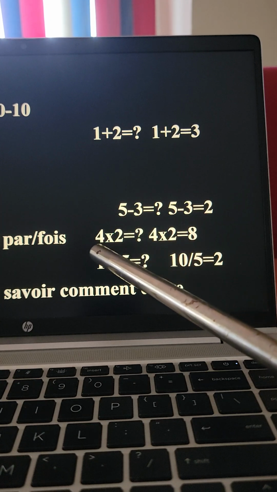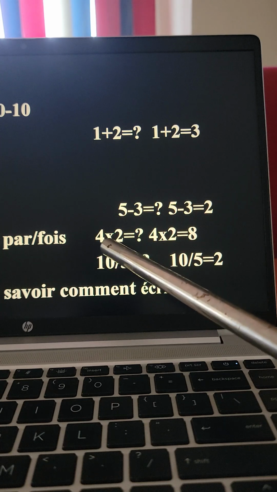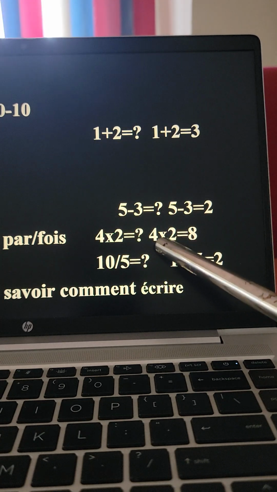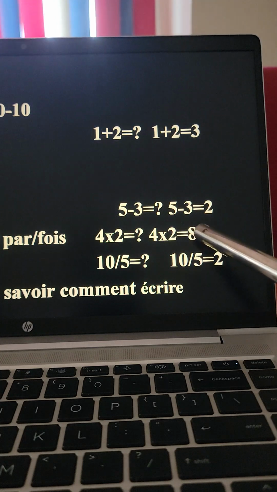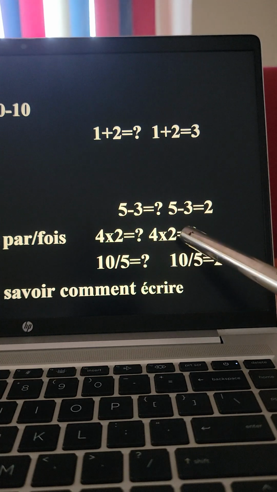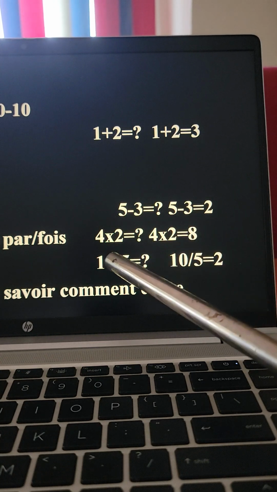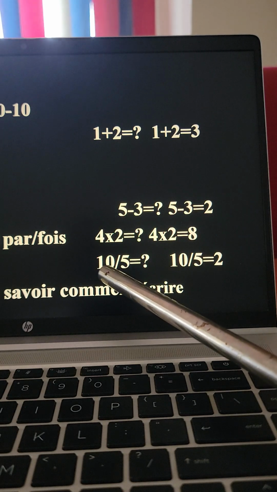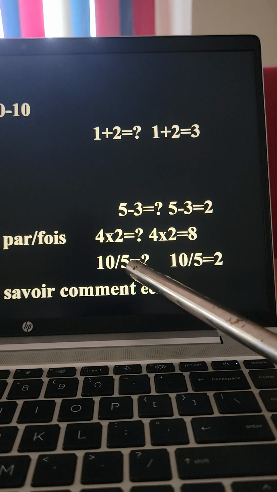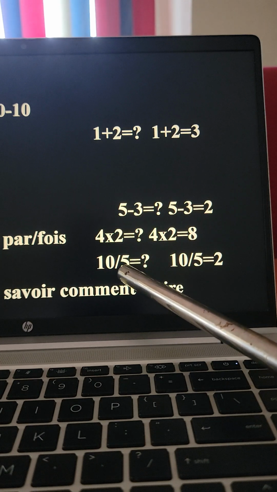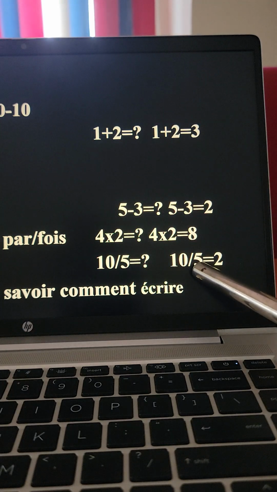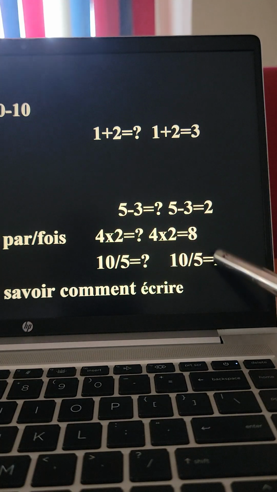Or you can say 4 fois 2 égale quoi? 4 multiplié par 2 égale 8. 4 fois 2 égale 8. Down here we have this divisé par. So 10 divisé par 5 égale quoi? 10 divisé par 5 égale 2.